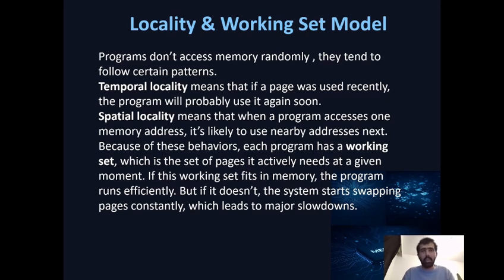If this working set fits in memory, the program runs efficiently, but if it doesn't, the system starts swapping pages constantly, which leads to major slowdowns. That's the end of my section. I'll leave the rest to my friend Ahmed to walk you through the 4 main page replacement algorithms.